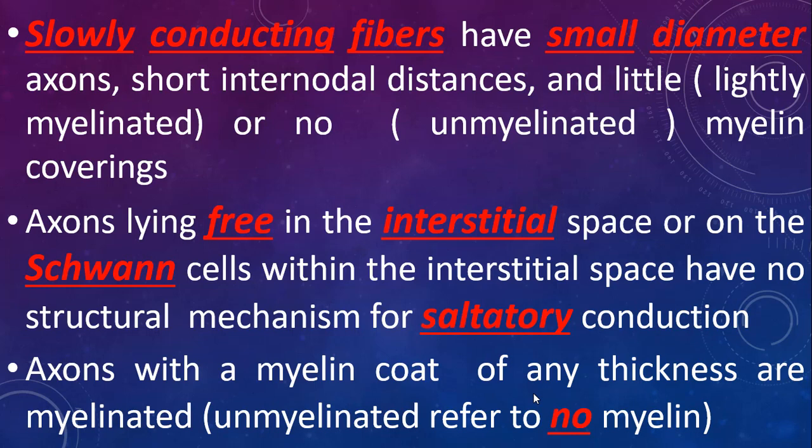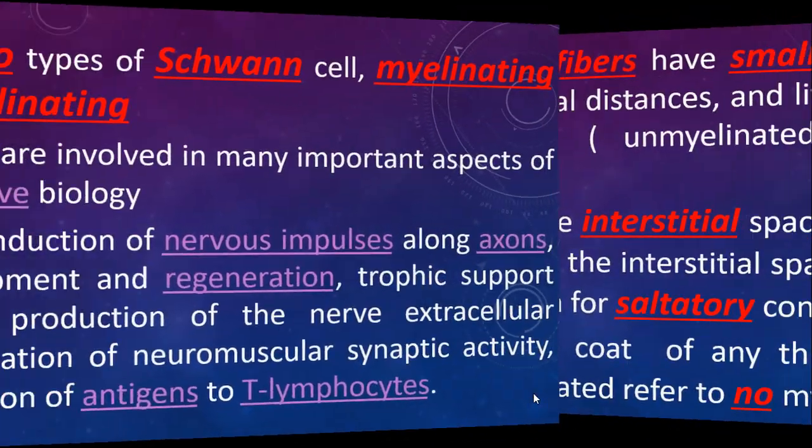The slow conducting fiber is the C fiber. Axons lying free in the interstitial space or on the Schwann cells within the interstitial space have no structural mechanism for saltatory conduction. Axons with a myelin coat of any thickness are myelinated. Unmyelinated refers to no myelin.